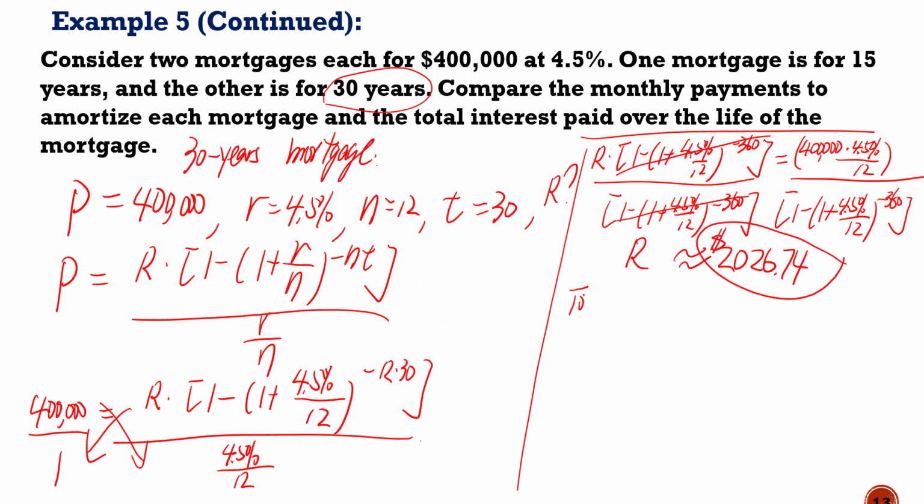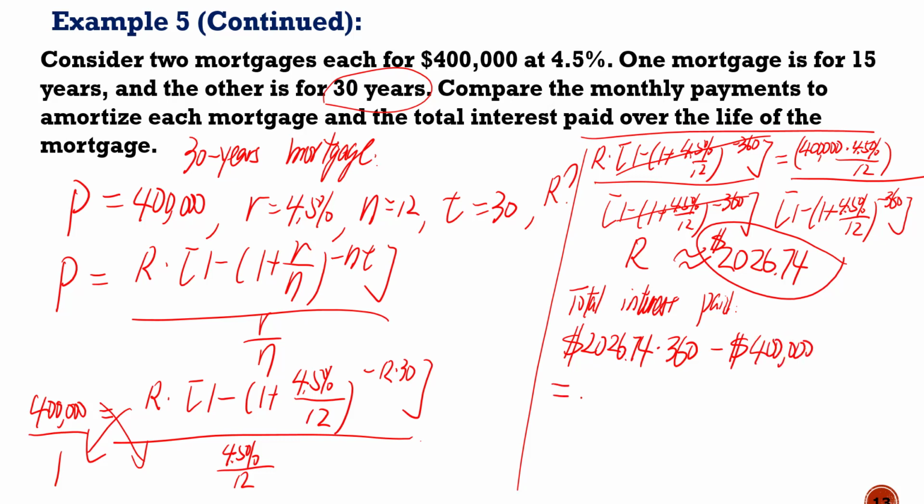Now, total interest paid would be calculated. So, making $2,026.74 by 360 payments. Right? Over the life of the mortgage, 30 years, 12 times a year, 12 times 30 is 360 payments. But you only borrow 400,000.